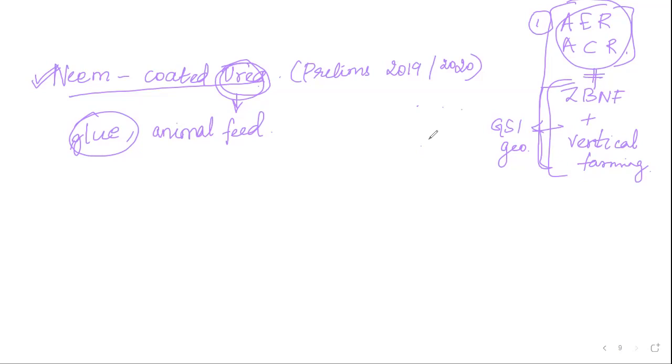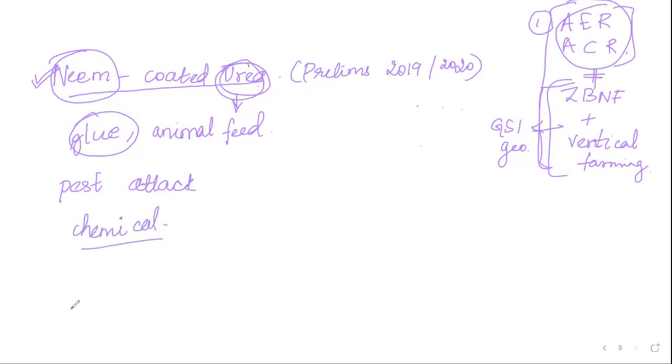The next advantage is we have seen an improvement in soil health. We have seen reduced pest attack in the field, because neem acts like a natural pesticide. It is further leading to reduced usage of chemical based fertilizers and other chemical based pesticides, so chemical usage in the fields is getting significantly reduced.